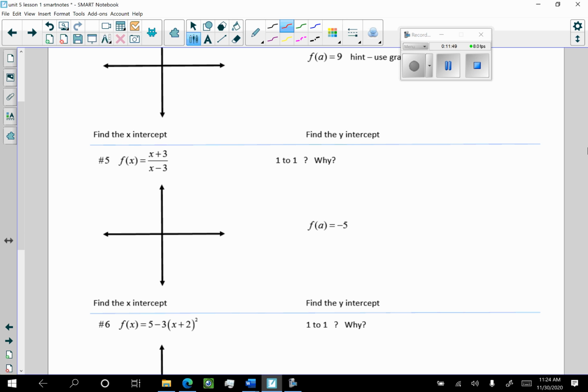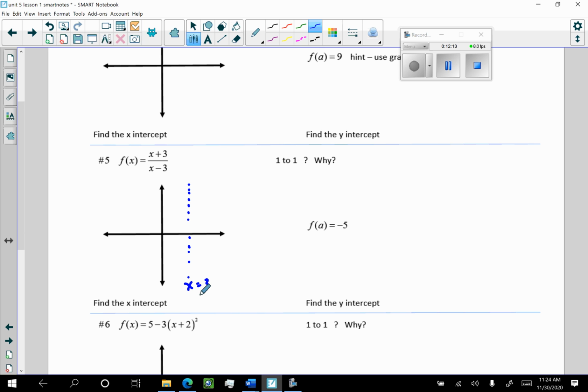Number 5 is a rational. And before I determine if it's 1-to-1 or not, let's graph that rascal. You should have learned how to graph this guy quickly. You notice this thing has a vertical asymptote at x equals 3.